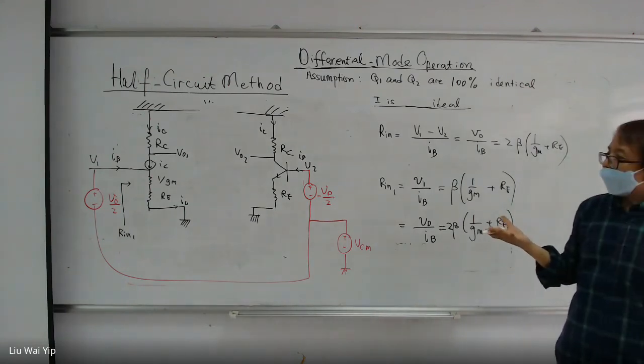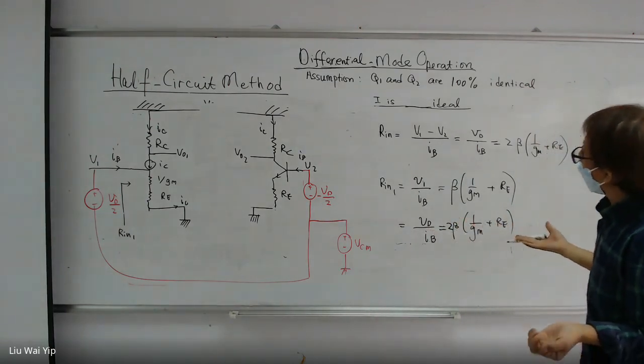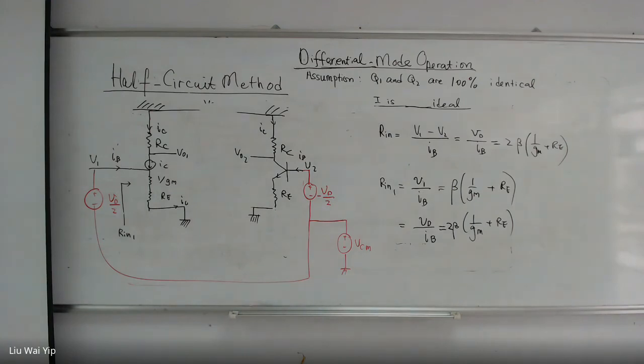Okay, that's almost done now. Another thing is the output impedance for the differential mode. I know many people are interested in this, and there's no harm to calculate it.